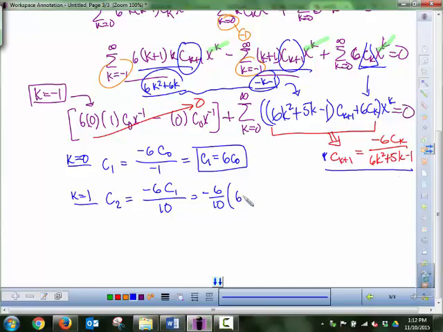C sub 1 is 6 c sub 0. The 6 is starting to look like a c sub 0. Cancel. Yeah, that's it. 5, 2, 3. 18. So c sub 2 is negative 18 over 5 times c sub 0.